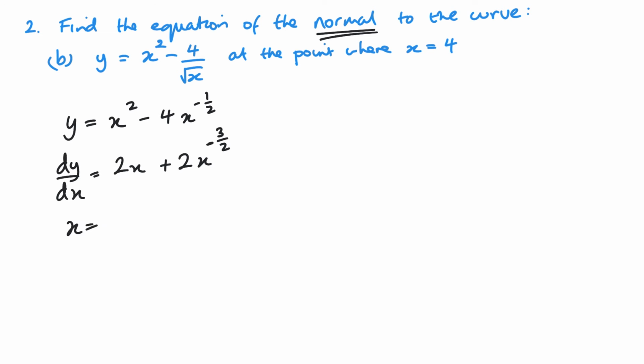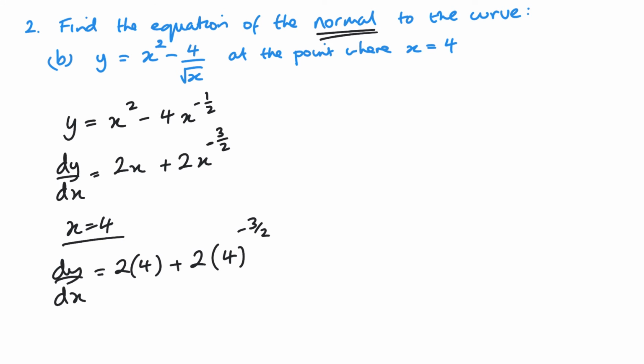Now we want to substitute x equals 4 in. So that gives me 2 lots of 4 plus 2 times 4 to the minus 3 over 2. Now, if you were doing this without a calculator, you'd probably put that 4 on the bottom to the 3 over 2, or you can use your calculator, but to the power 3 over 2 is just square root it and then cube it.